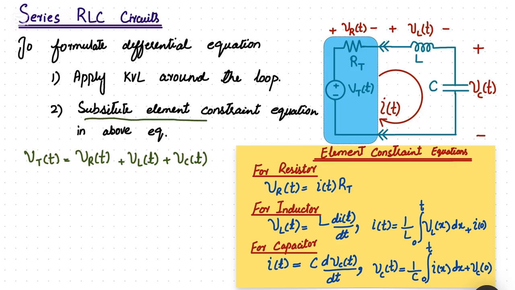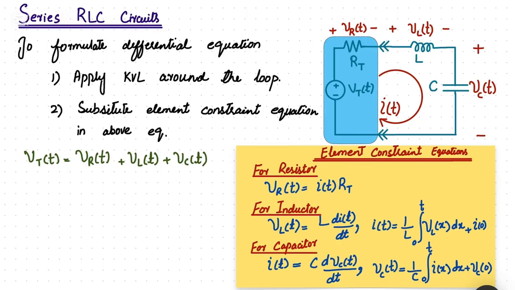Second step is to substitute element constraint equations in the above equation. What are the element constraint equations? Here we have the element constraint equation for resistor. Resistor voltage Vr of t is equal to current flowing through the resistor multiplied by the resistor value, the V is equal to IR formula.